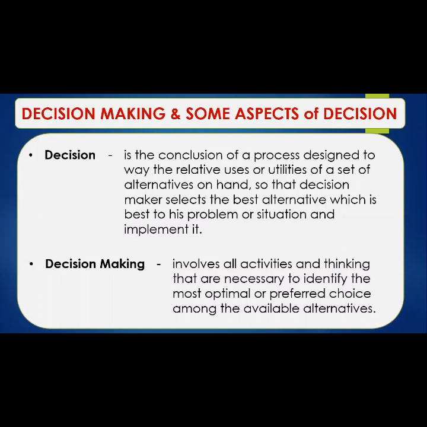In simple terms, it refers to a conclusion or resolution reached after consideration, while decision making involves all activities and thinking that are necessary to identify the most optimal or preferred choice among the available alternatives. And in short, decision making is the process of choosing what to do in order to achieve an objective.